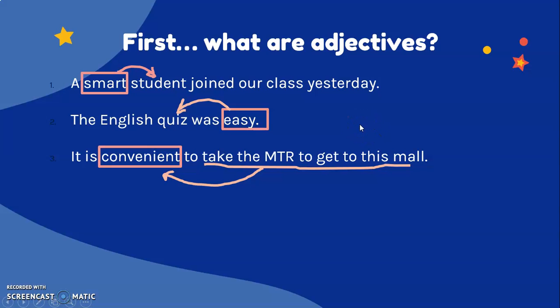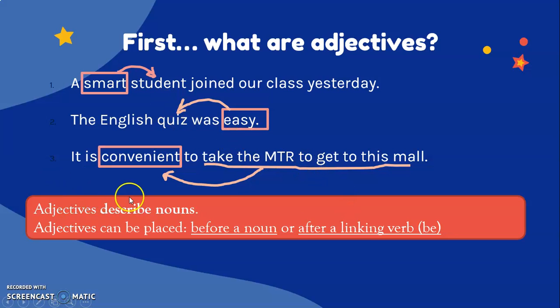As you can see, every time we see an adjective, it always comes with a noun. Adjectives describe nouns, and we can usually find them either before a noun, like in sentence number 1, it's right before the word student, or after a linking verb be.